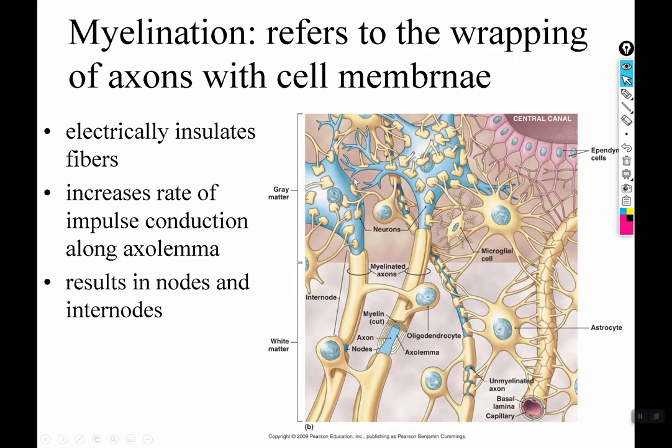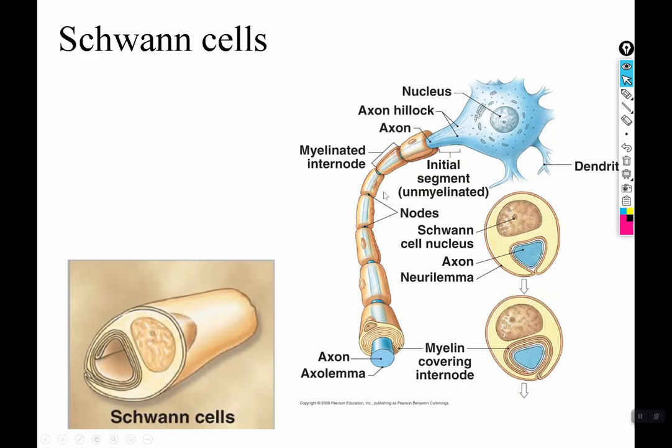Now, one major difference, if we look, is that one oligodendrocyte may myelinate more than one axon. So here it's myelinating this one and also reaching across and myelinating this one. Schwann cells, which are limited to the peripheral nervous system, just as oligodendrocytes are limited to the central nervous system, wrap their little body around the axon, myelinating it, and that means there is only one axon that this Schwann cell is going to myelinate.